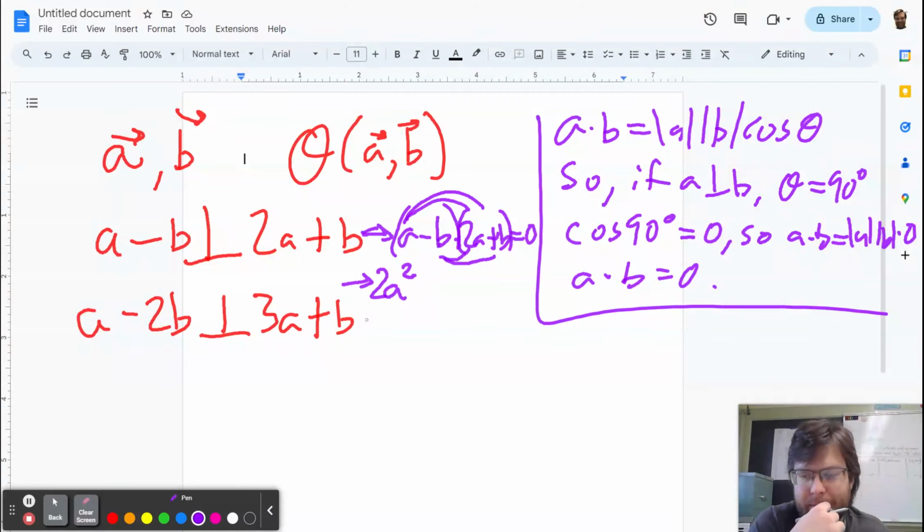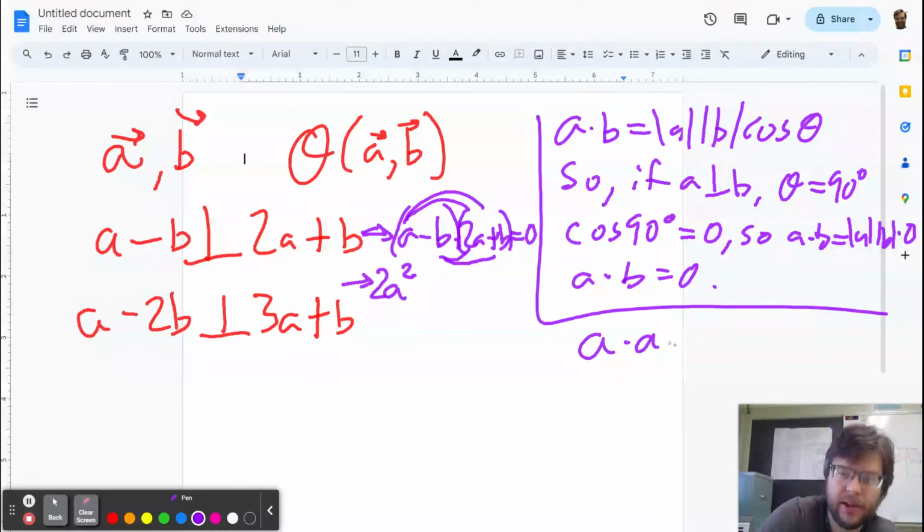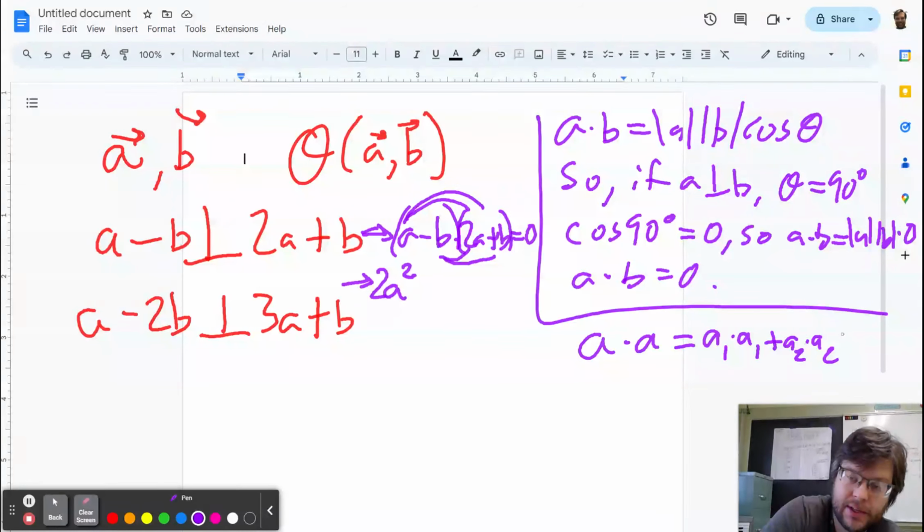What I'm saying is if you do A dotted with itself, let's look at that real quick. A dotted with itself is going to be the first component of A times the first component of A plus the second component of A times the second component of A. And if it's a three-dimensional vector, we'd have the third component times the third component. In other words, it's the square of the components, which is the magnitude squared.